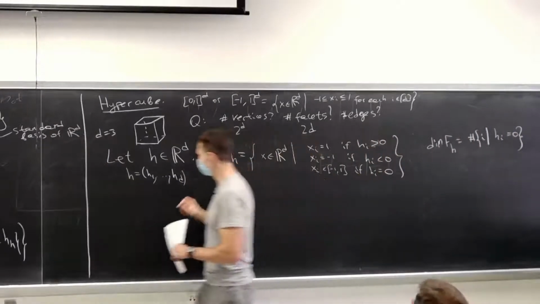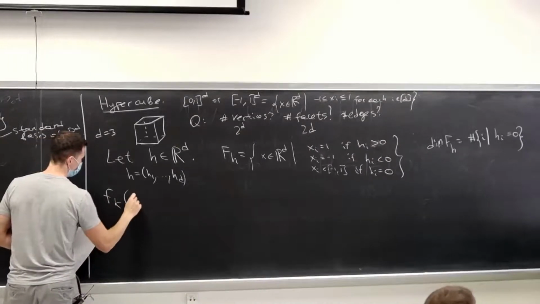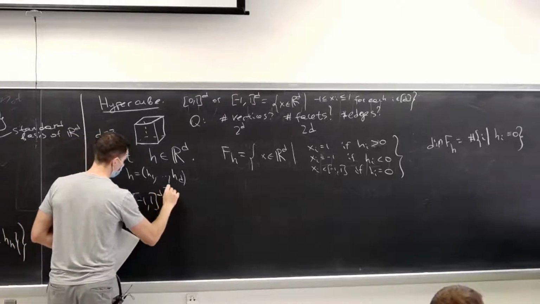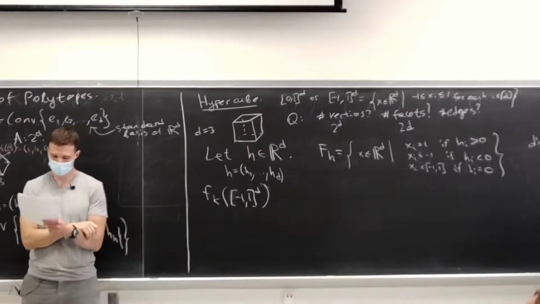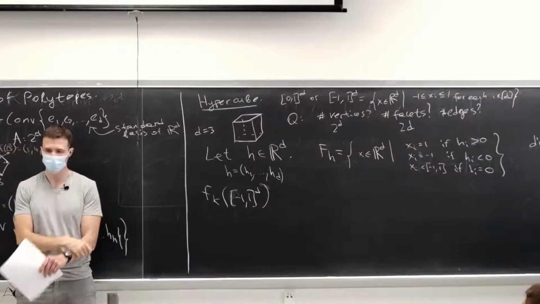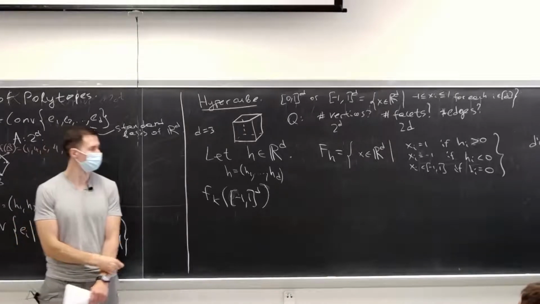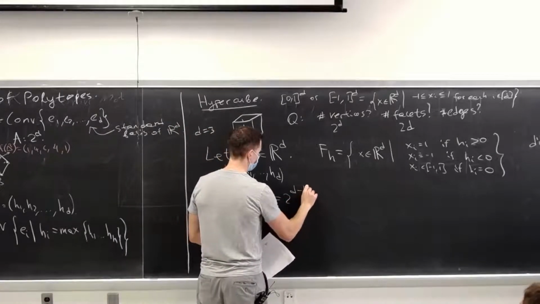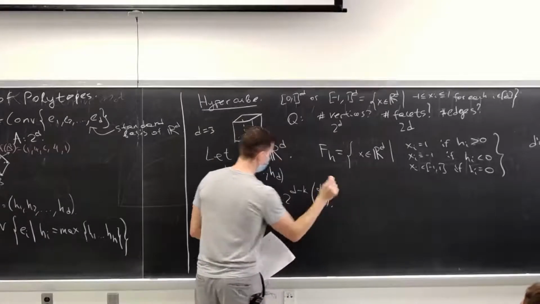So what is the number of k-dimensional faces of [-1, 1]^d? It's 2 to the d minus k times d choose k. Oh, okay, that is correct.